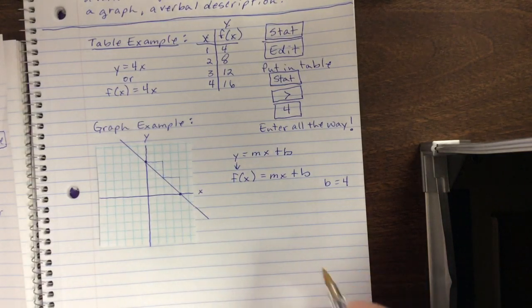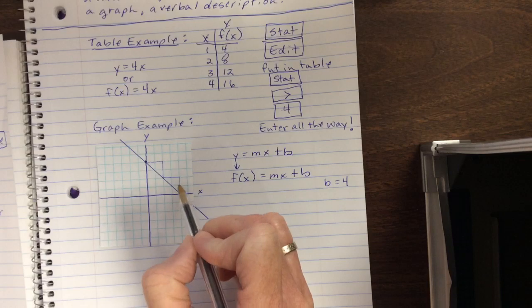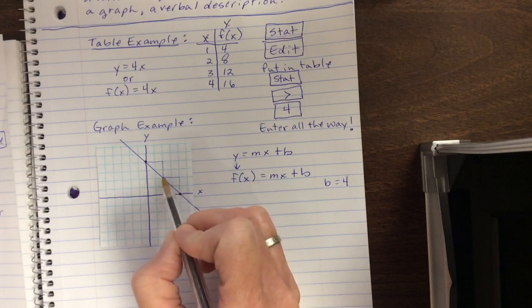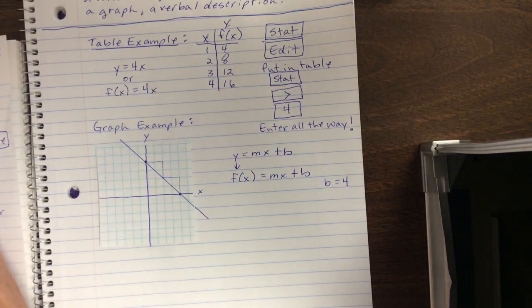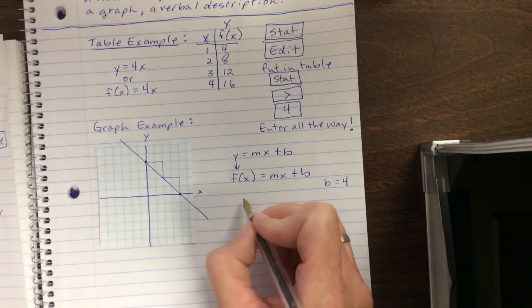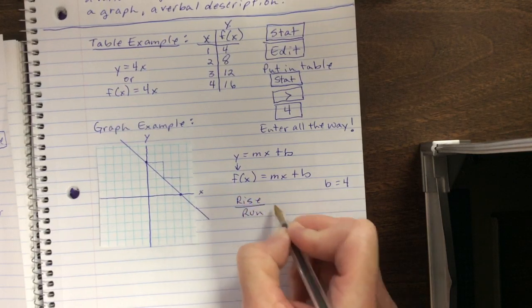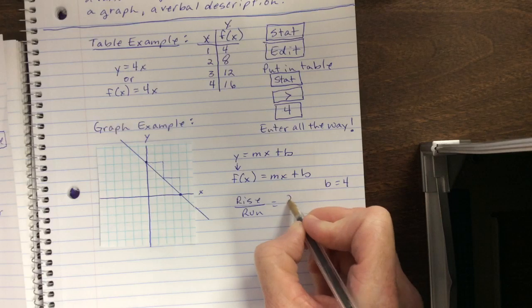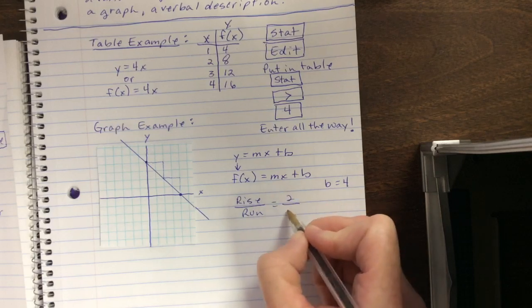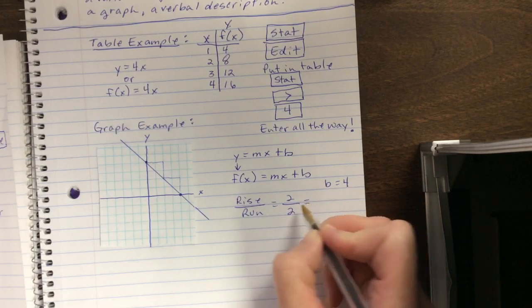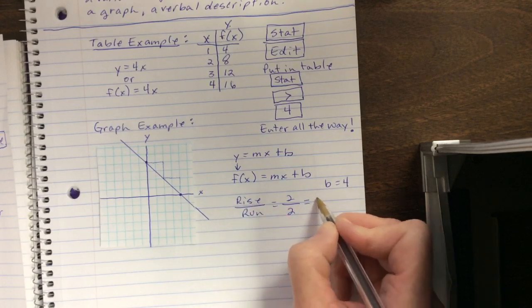And so we can see that our slope is rise over run. So if we rise 2 and we run 2, we know our rise over run equals 1, and therefore, our slope is going to be 1.